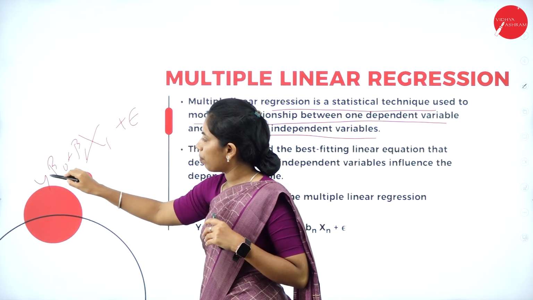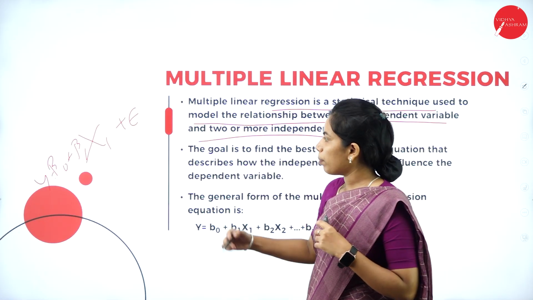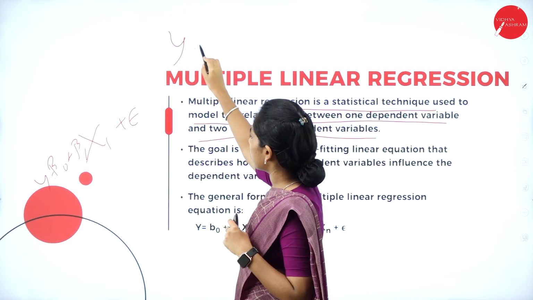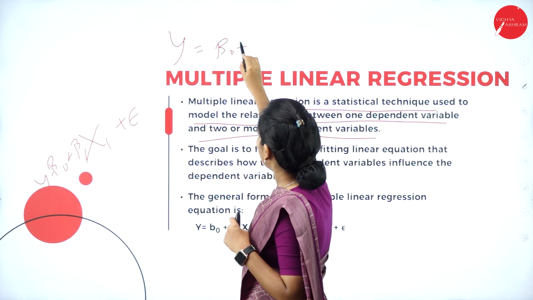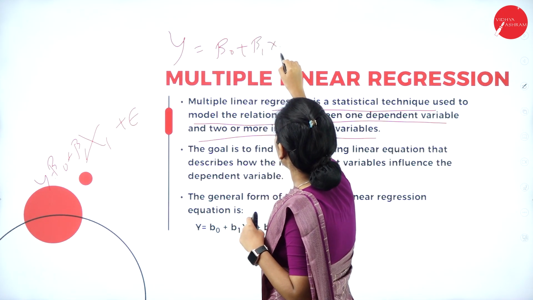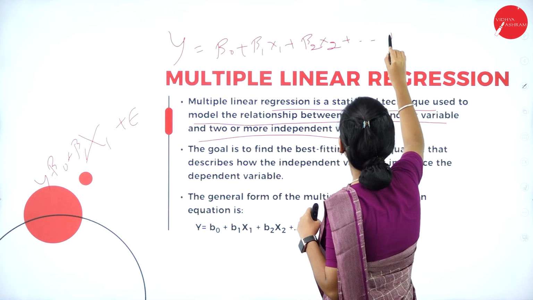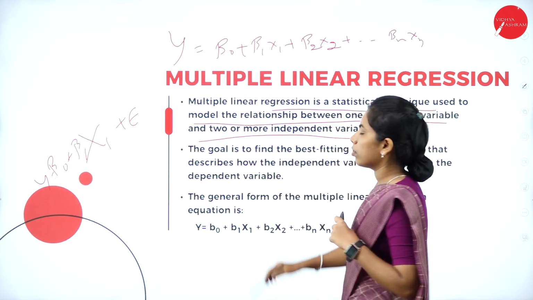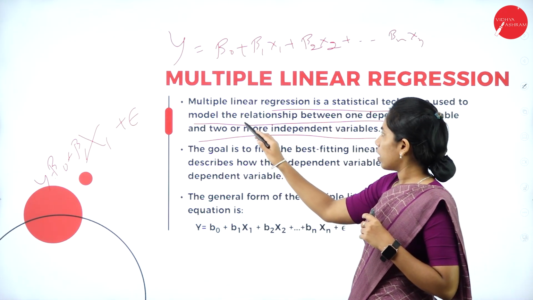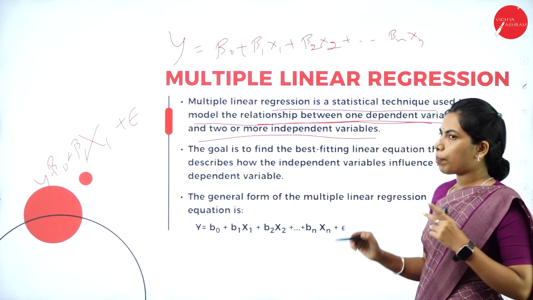This is a simple linear regression, right? Multiple linear regression is y equal to b0 plus b1 x1 plus b2 x2, meaning beta 2 x2, up to bn xn.